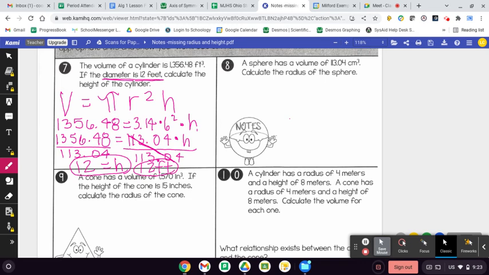Okay. All right, here we go. I want somebody to practice this next one with me and help me set it up the way we just explained to set it up. It says a sphere has a volume of 113.04 centimeters cubed. Calculate the radius of the sphere. What is the first thing I need to do every single time? Write the formula.